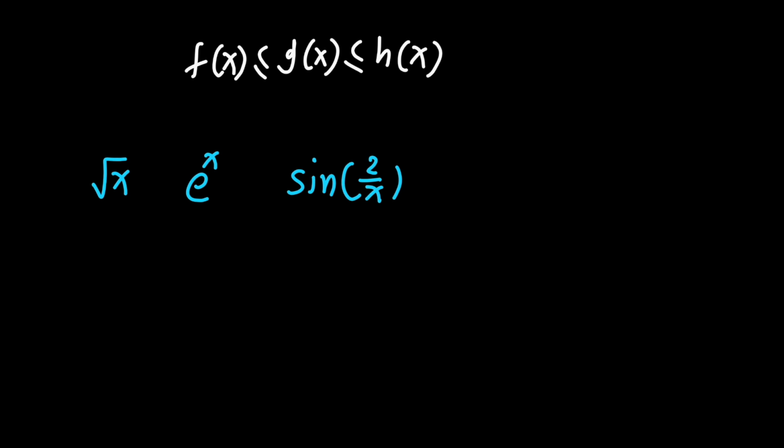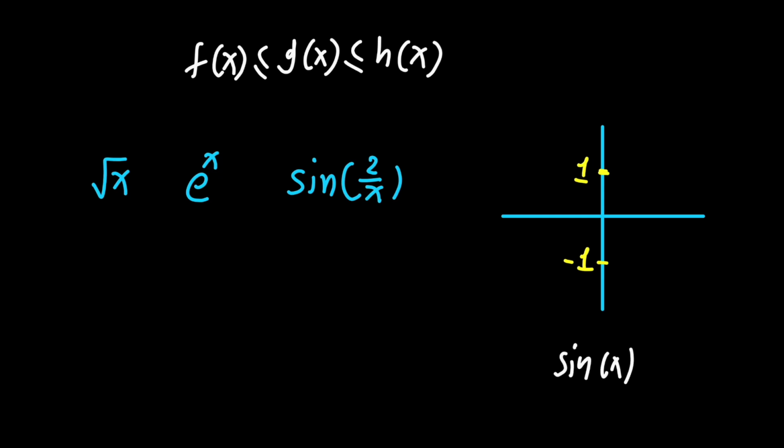So let me graph this function. Here's 1 and here's -1. That's the boundary for the trig function. And to graph, let's say sine x, graph this function, looks like that.